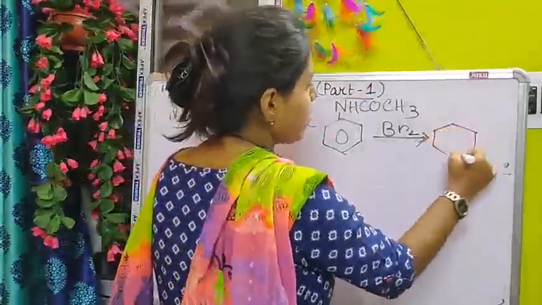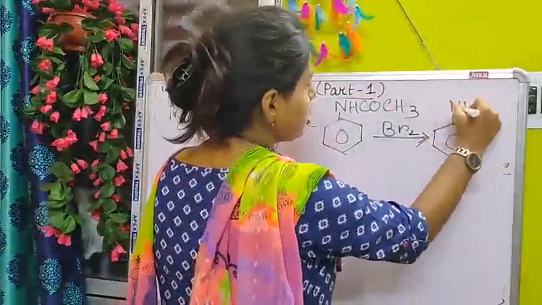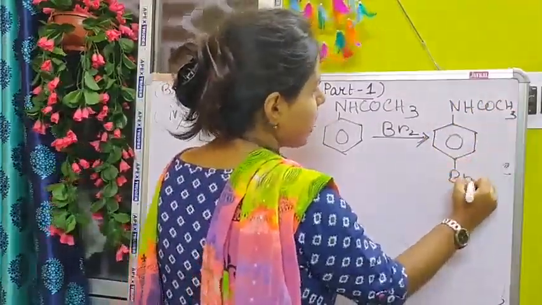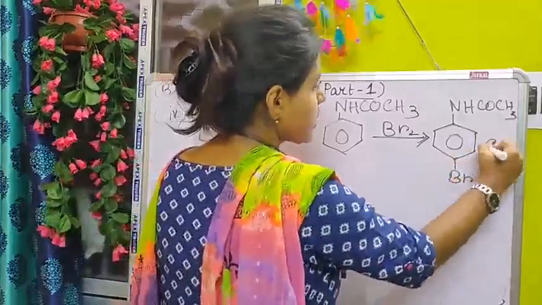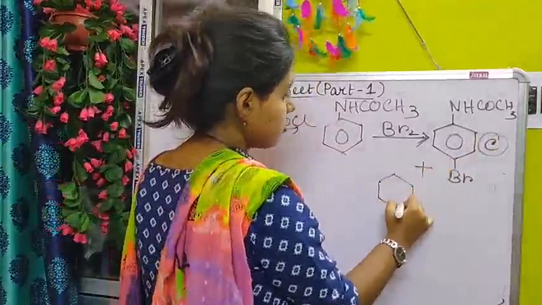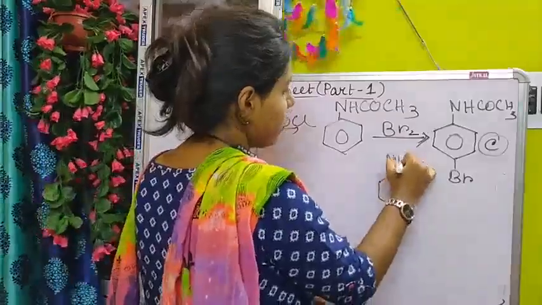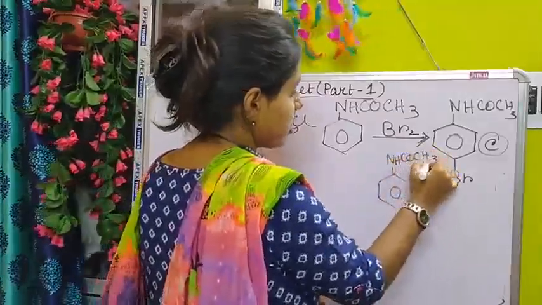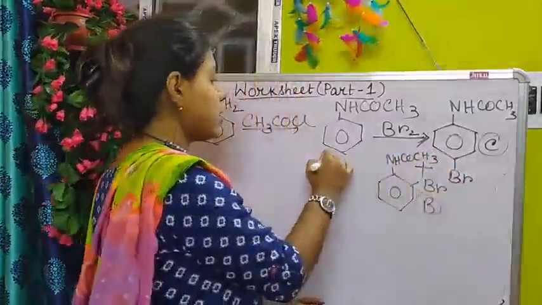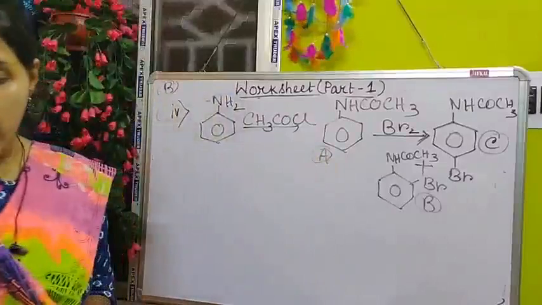The major product will be the para compound. This is the para compound which will be the major. So this is the answer C, plus another one will be the ortho compound. Okay, that will be the answer B, and this one was A. So these are the products.